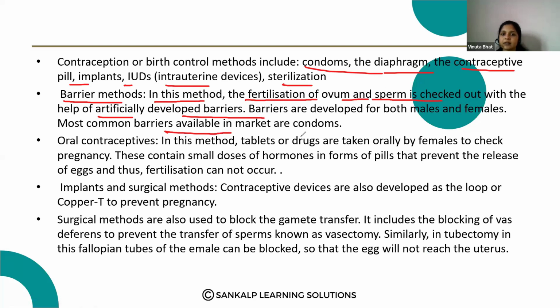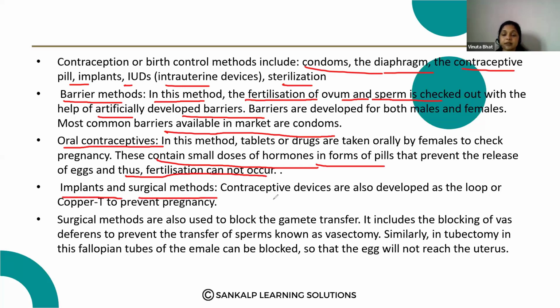The most common barriers available in the market are condoms, where the fusion of the male and female gametes will be prevented. Then oral contraceptives. These are the tablets taken by the females to prevent pregnancy. They contain small doses of hormones in the form of pills that prevent the release of eggs, and thus fertilization cannot occur.